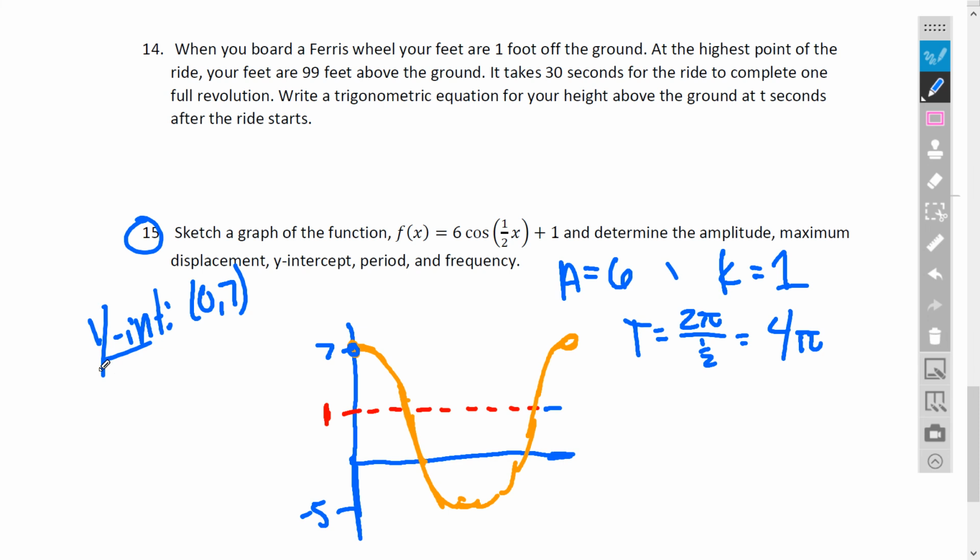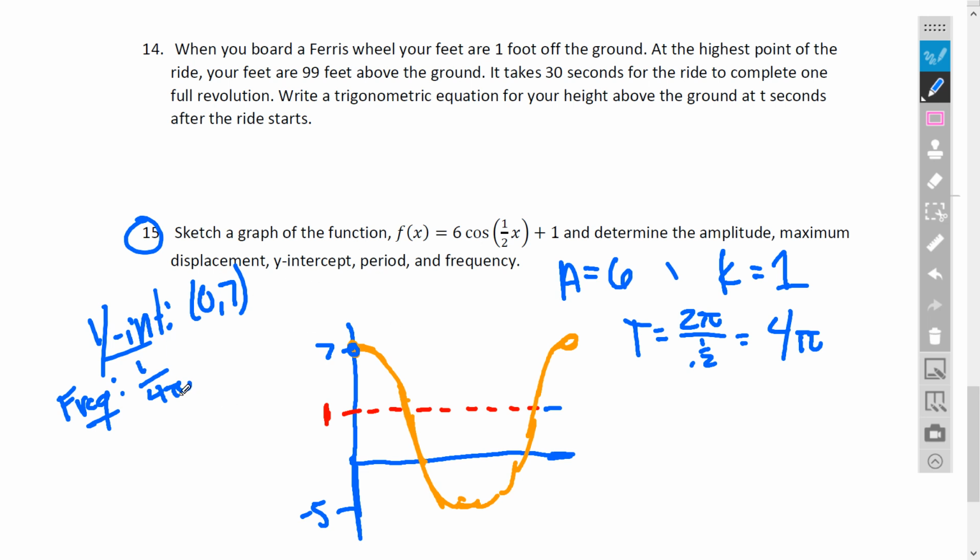The frequency, which we haven't done yet, is the inverse of the period. So 4 pi is the period, so 1 over 4 pi is the frequency. Or we could just do 1/2 divided by 2 pi, which is 1 over 4 pi.